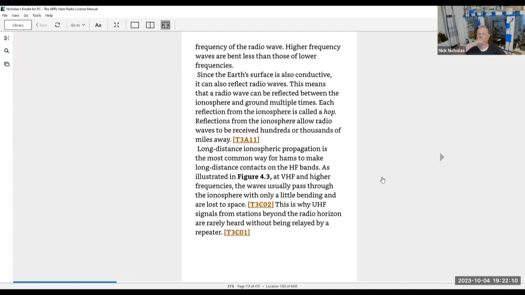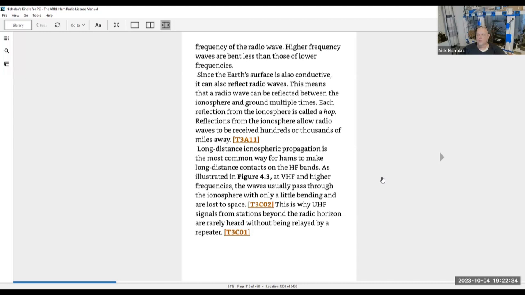Now, the Earth itself is electromagnetically conductive, so it can also reflect radio waves. Some radio waves you transmit bounce right off the Earth and hop off the Earth a little bit. Earth doesn't do a fantastic job of it directly, but it does occur. You get some skip.